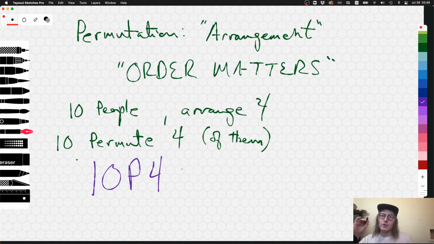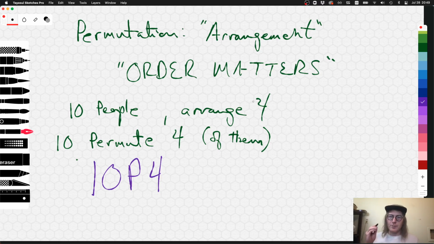The thing to think about first is that if you have 10 people and you're arranging all 10 of them, there are going to be more ways to do that than if you have 10 people and you're going to arrange 4 of them, right? That just stands to reason. We're only going to have these 4 things left that we're counting.